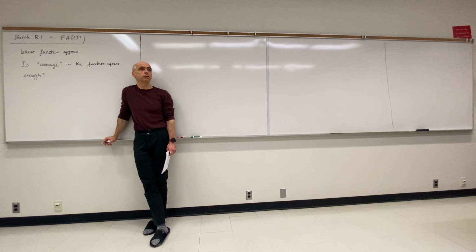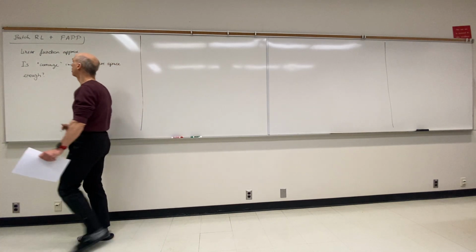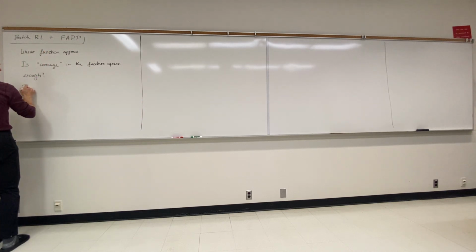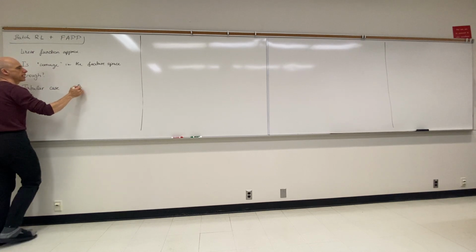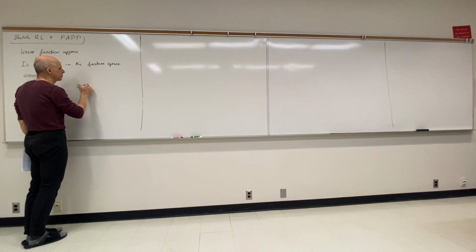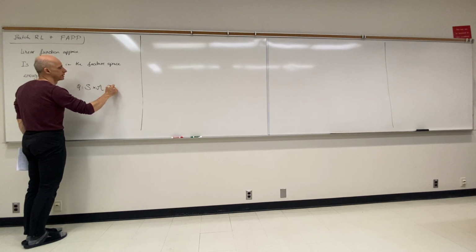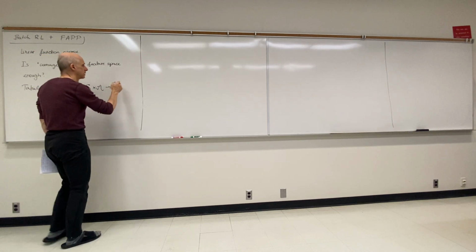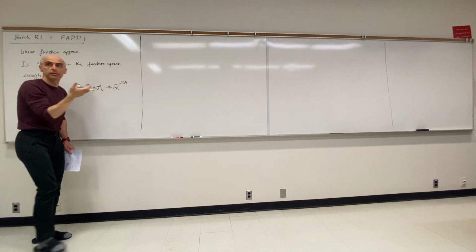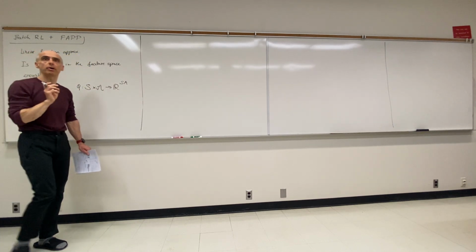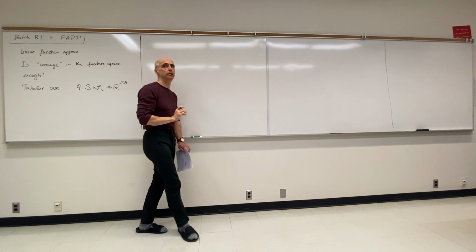So we know the answer to this when we have special features, the tabular case. In that case, the feature mapping states and actions to this space, just using the indicators for every state action pair, you have an indicator component of the feature map.